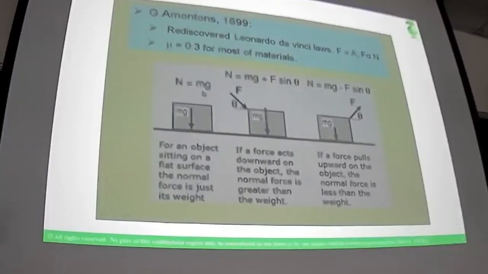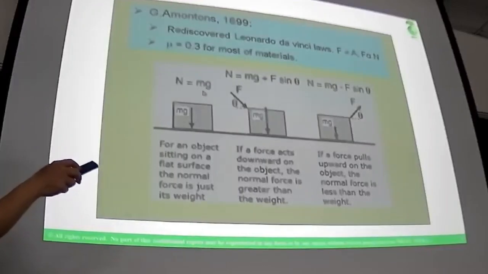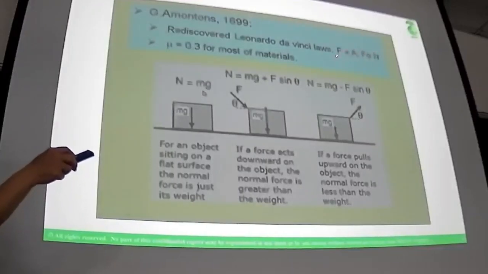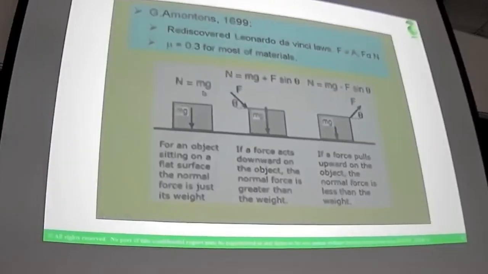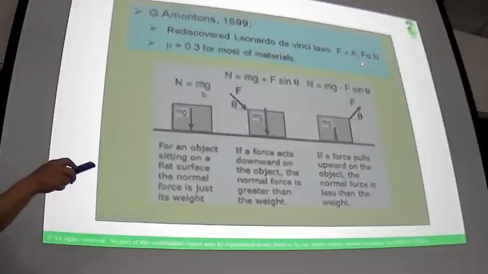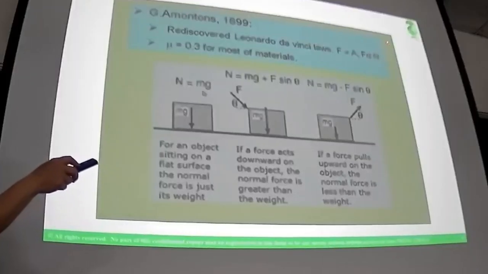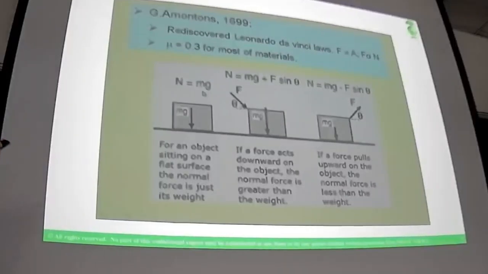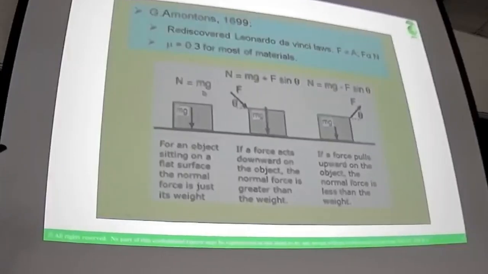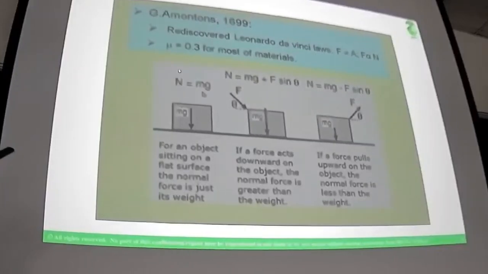So he rediscovered Leonardo's law of friction. So the friction force is independent of the contact area. So the friction force is proportional to the normal force. And he also observed that for most of the materials, the coefficient of friction is equal to 0.3.